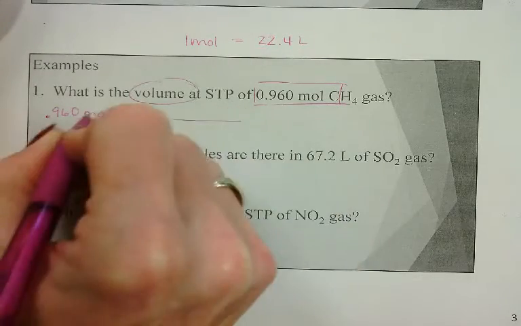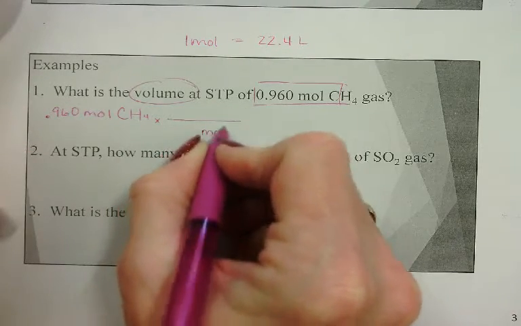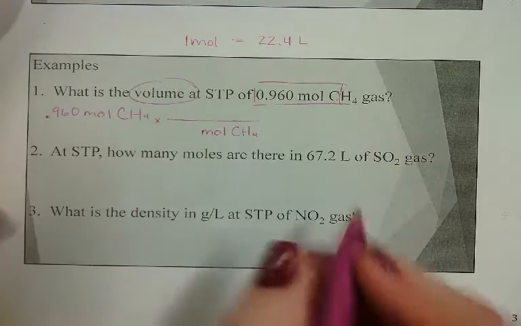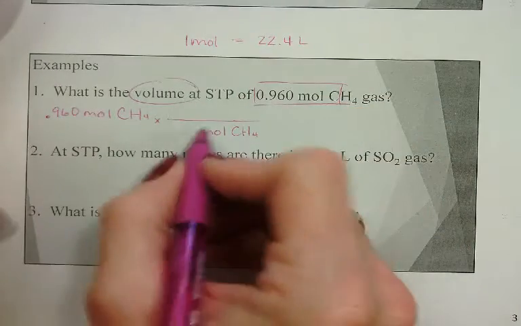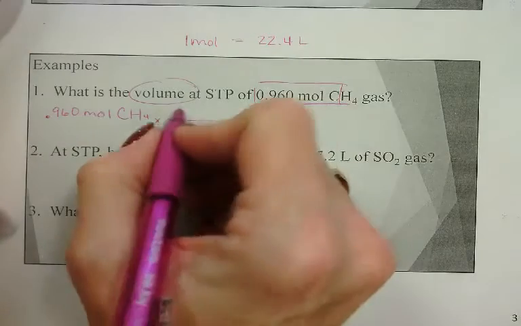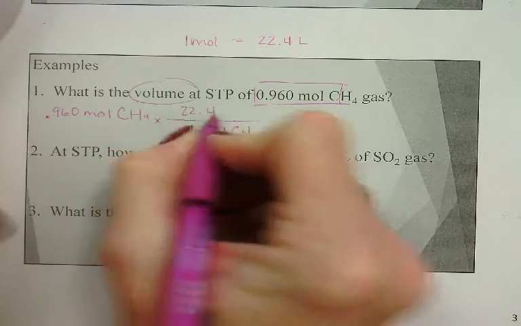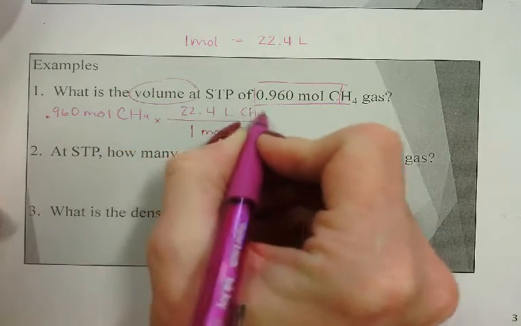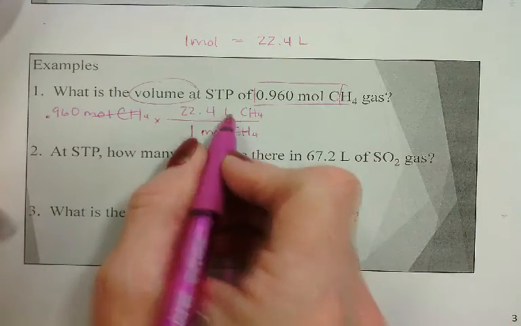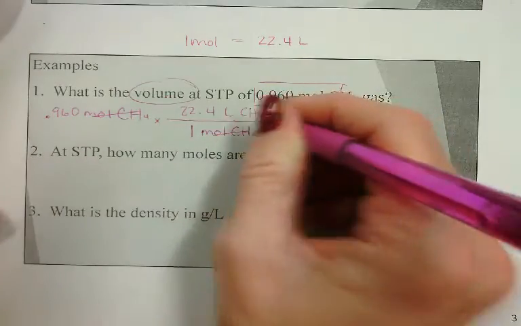Go down the unit, put moles of CH4 in the denominator. And I'm going to use this conversion factor: 1 in front of the mole is equal to 22.4 liters of CH4. Moles cancel, and the unit I'm left with is liters, which is great because that's what I wanted.